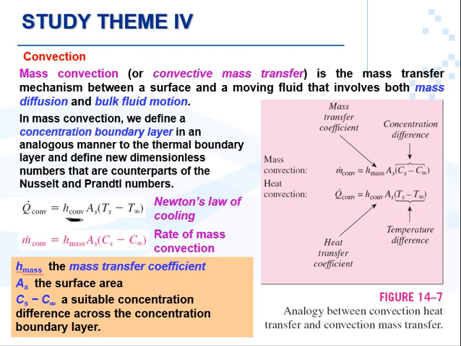The same for m dot convection or mass convection. We will have a coefficient multiplied by surface multiplied by concentration difference in this case. Okay.